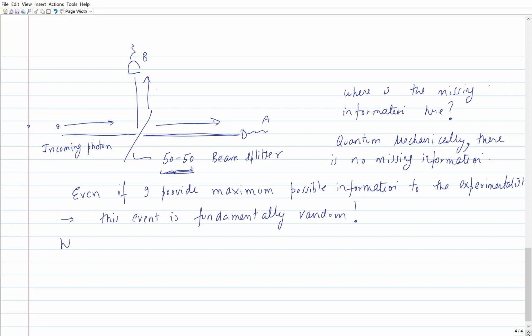We cannot avoid this randomness. Whereas in a coin toss experiment, let's say you provide me the exact information about the trajectory of the coin or how much torque I have applied to the coin, provide me all possible details, well, then it's a deterministic process.